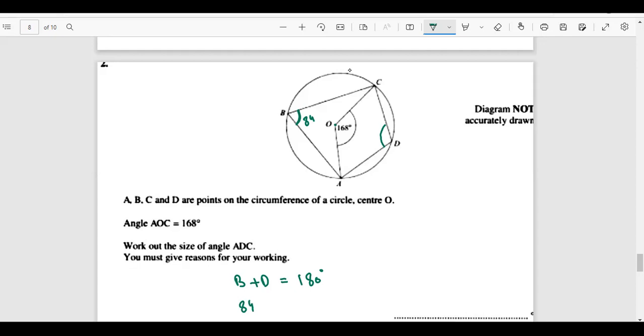So 84 plus D equals 180 and D is going to be 180 minus 84, that would be 96 degrees. So the answer is 96 degrees.